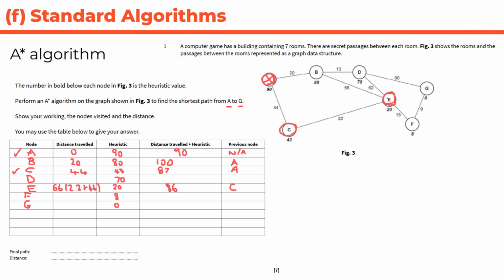Okay? Now, what about getting to D? Now, D has no value. In actual fact, these would be infinity in an actual algorithm, but we'll leave them blank. This here, E, has a cost of 66. Okay? So, 66 plus 62 is 128.